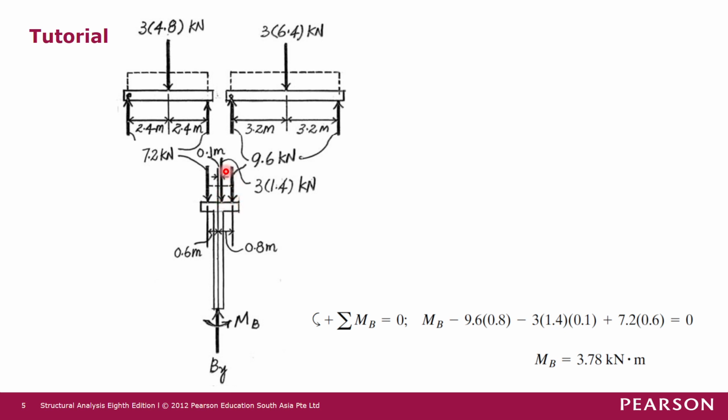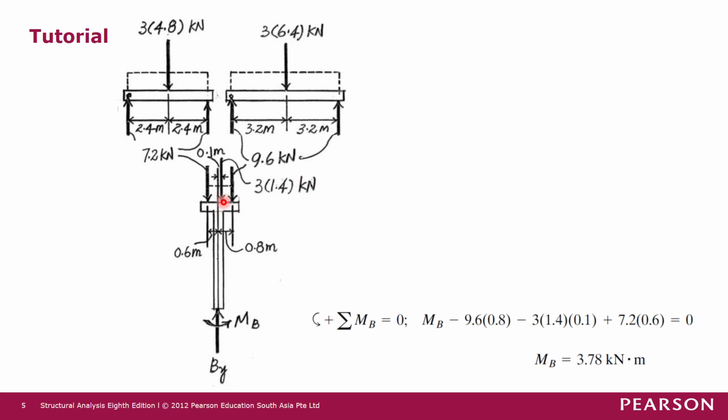So the resultant force is 3 kilonewton per meter length times 1.4 meters. So this will give you 3 times 1.4 kilonewton.